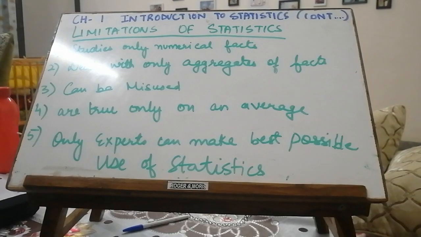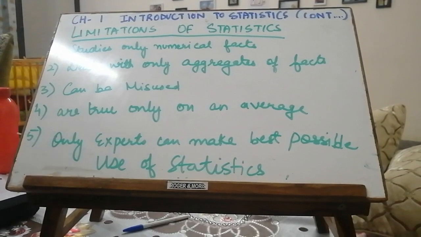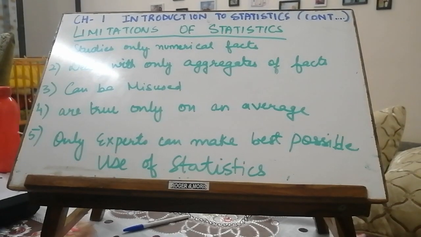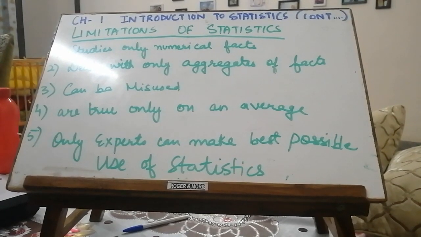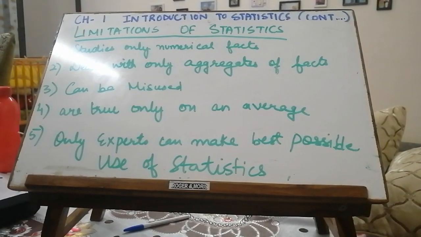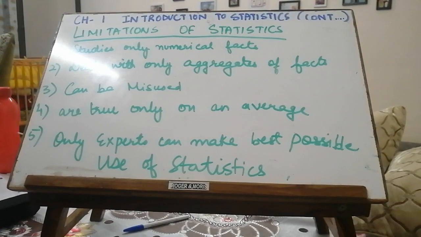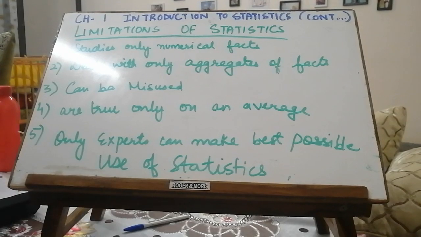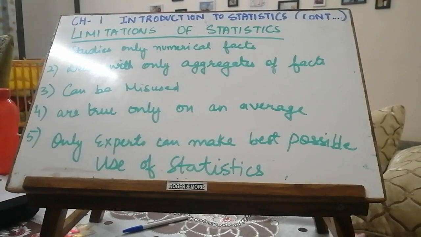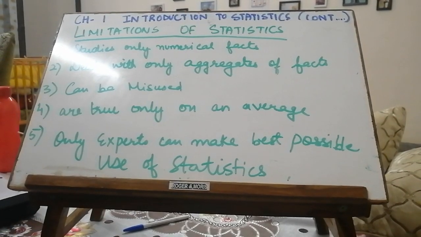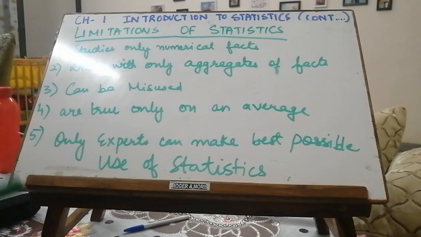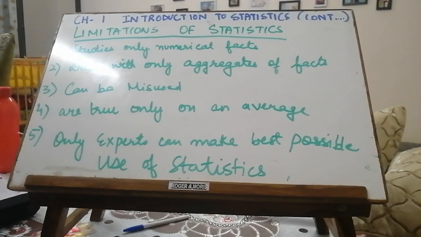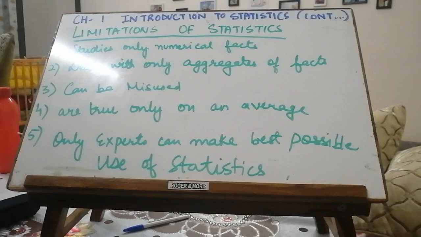It can be misused. It can be misused in two ways. Number one, by someone who does not know how to use it. The other, by an expert who knows how to misinterpret it, or how to be biased, or how to draw any conclusion that he or she likes to make.